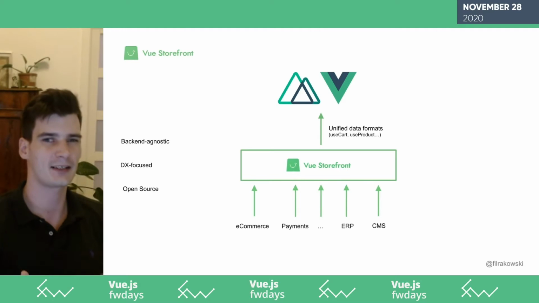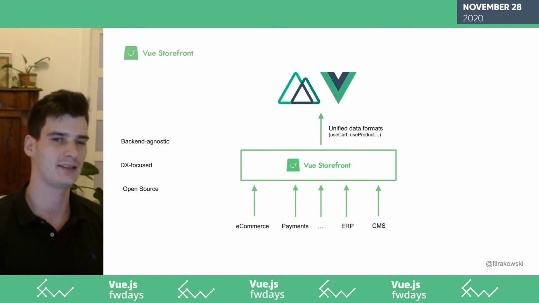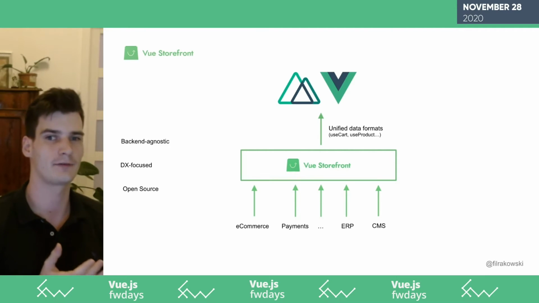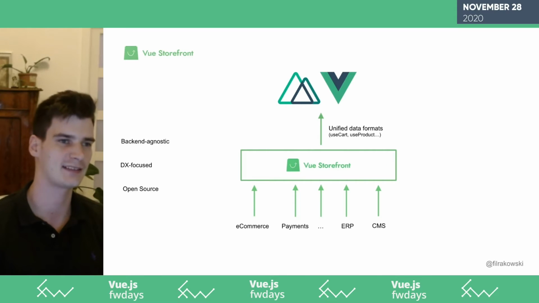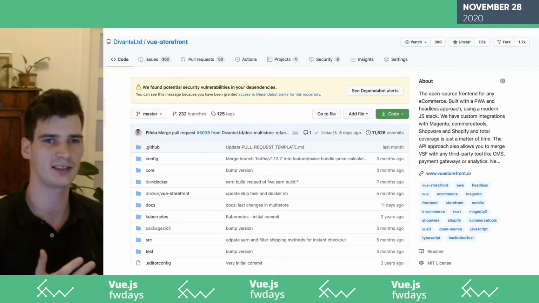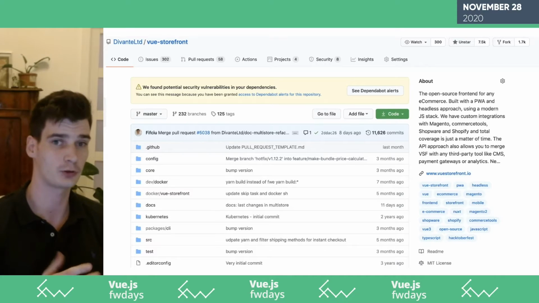And we are backend agnostic, which means that the same code works for any e-commerce platform, CMS, etc. combination. And we are heavily focused on delivering great developer experience, just like Vue. And we are open source from day zero, and you can find us on GitHub. I think we are currently the biggest e-commerce frontend project in the world, which is super cool.